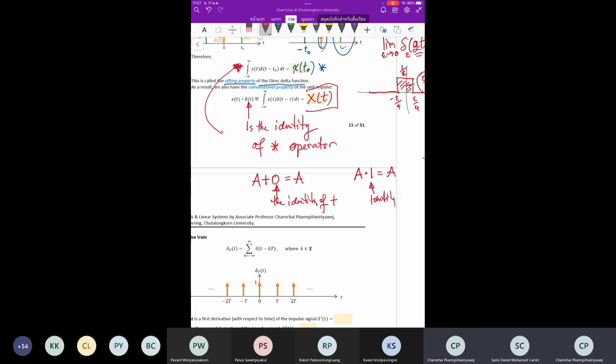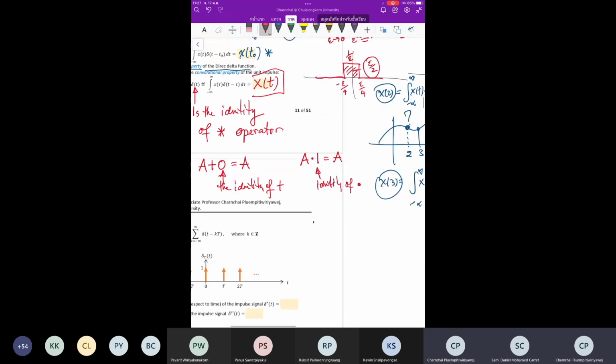If you got a times I equals a, that's the matrix, right? This I is the multiplicative identity. We learned it in advanced mathematics last semester.